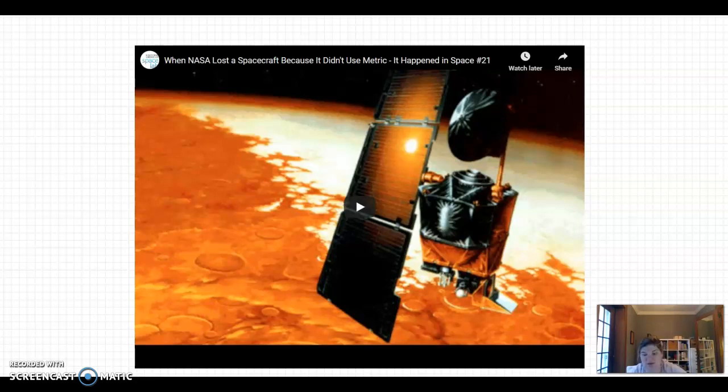Because the ground system was using US units and the satellite system was using metric units, it turned out that they made some colossal mistakes with their conversions and the way that the satellite was communicating with the ground, and it basically ended up getting way too close to Mars, and we lost that satellite. So it just talks a little bit about why it's important that we all get on board with the same system.